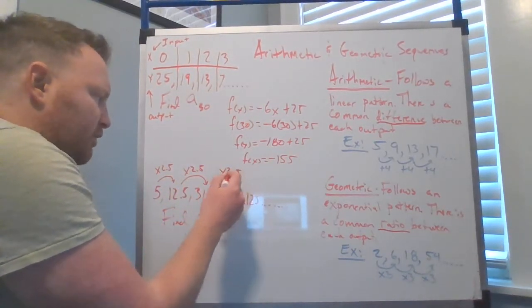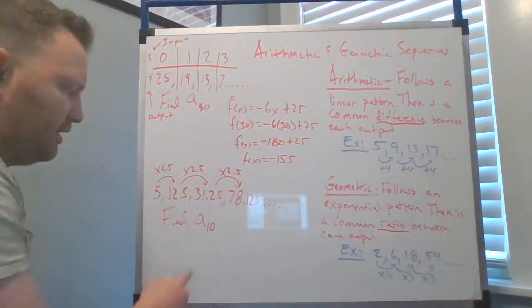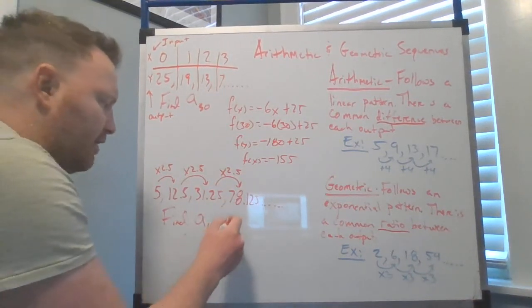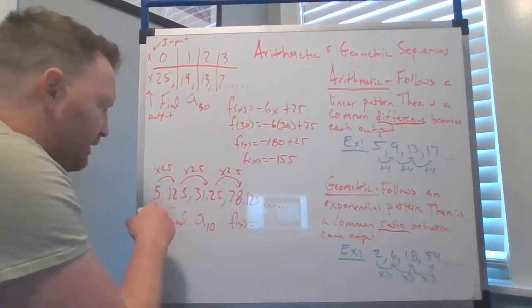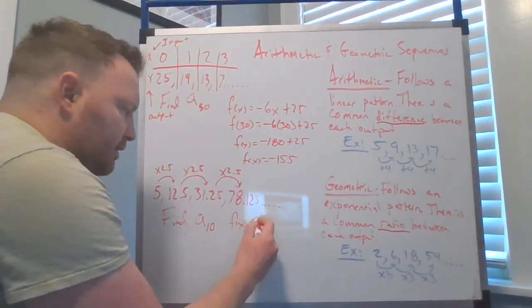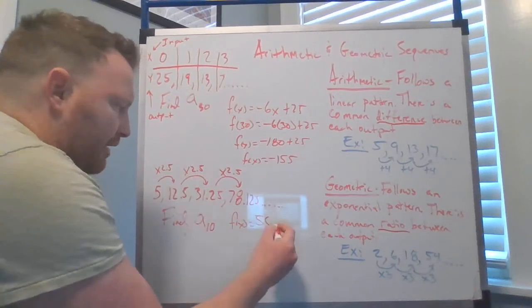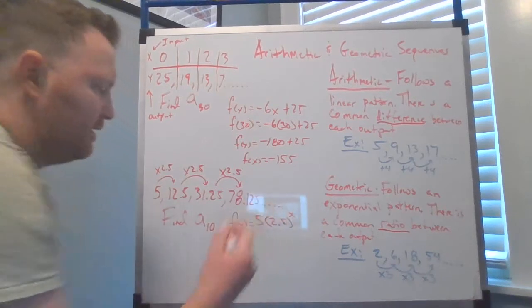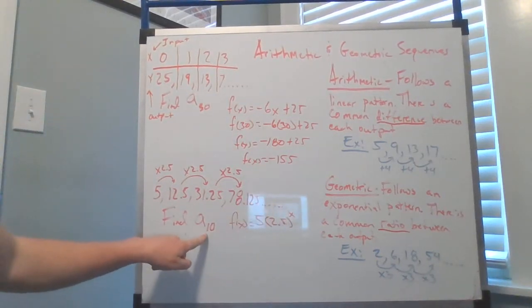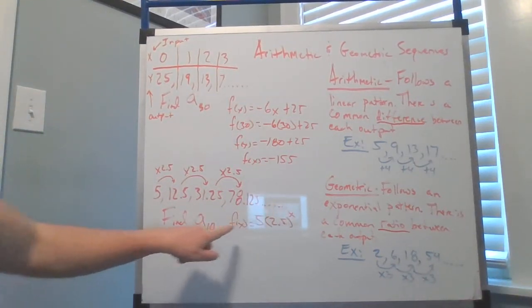So this says find the a of 10 terms, so I know that my equation is going to say f of x equals my initial, this is my very first term, and my growth factor is 2.5 to the power of x. This says find the output when the input is 10.